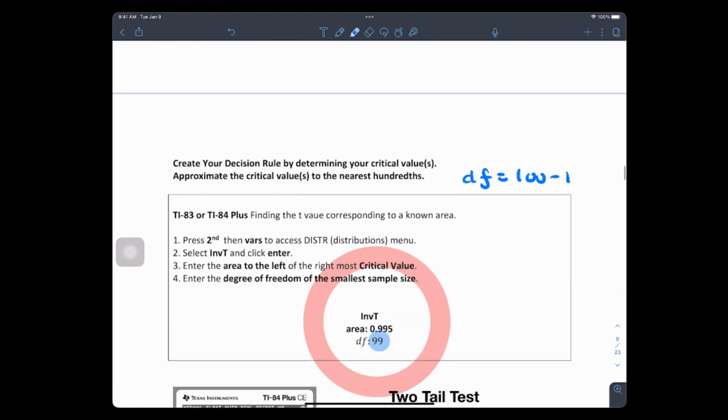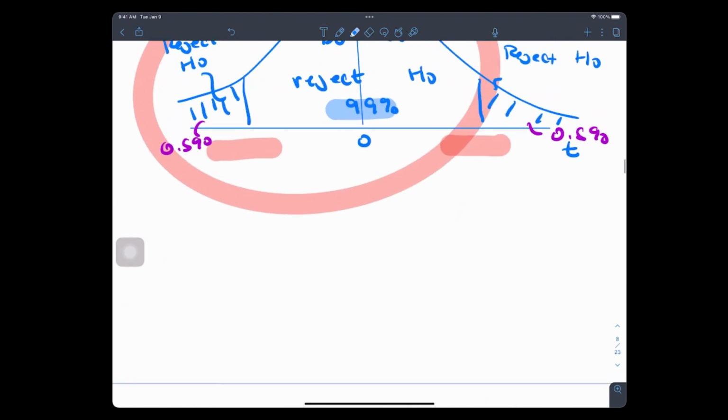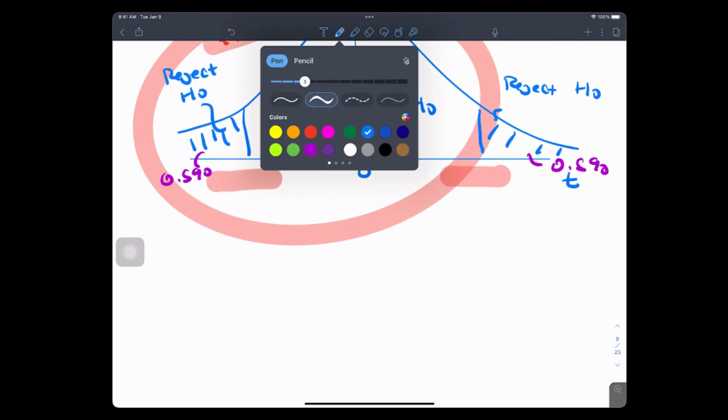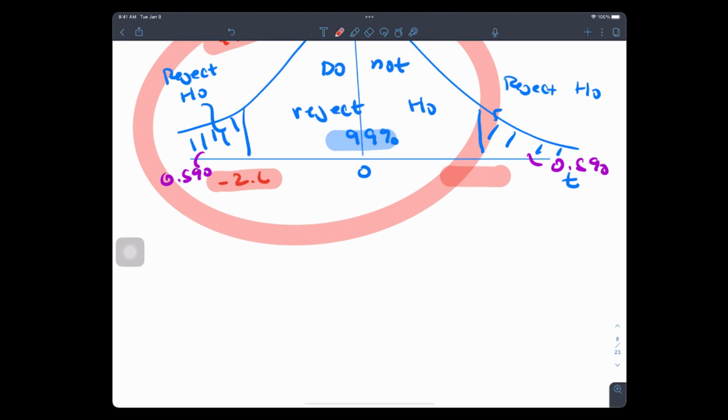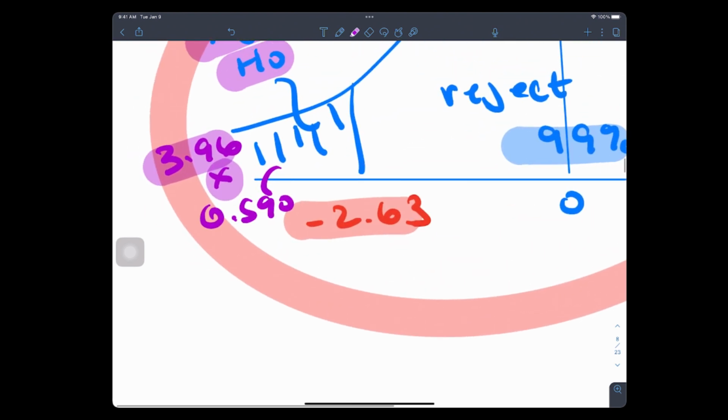And I didn't put the critical values, okay, but I can put them just to be consistent. So 3.96, isn't that somewhere over here? Is that what the test statistic value was? Isn't it to the left of negative 2?